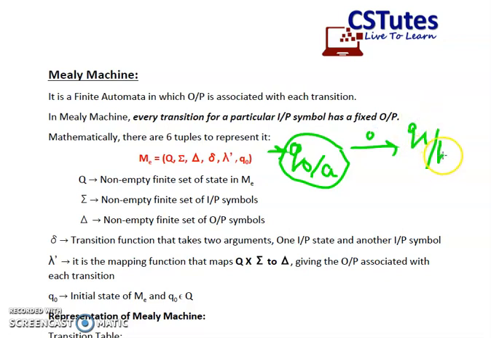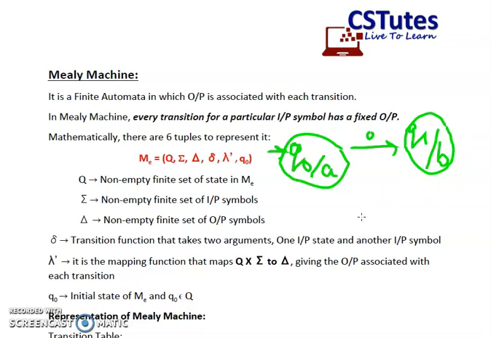Assume that the output associated with the state Q1 is B. Then it is represented like Q1 oblique B. So over here it means that when we are on the state Q naught, the output associated with the state Q naught is A, and reading our input symbol 0, we are moving towards the state Q1 and output associated with the state Q1 is B. So this is the representation of the Moore machine in which the output is associated with the state.